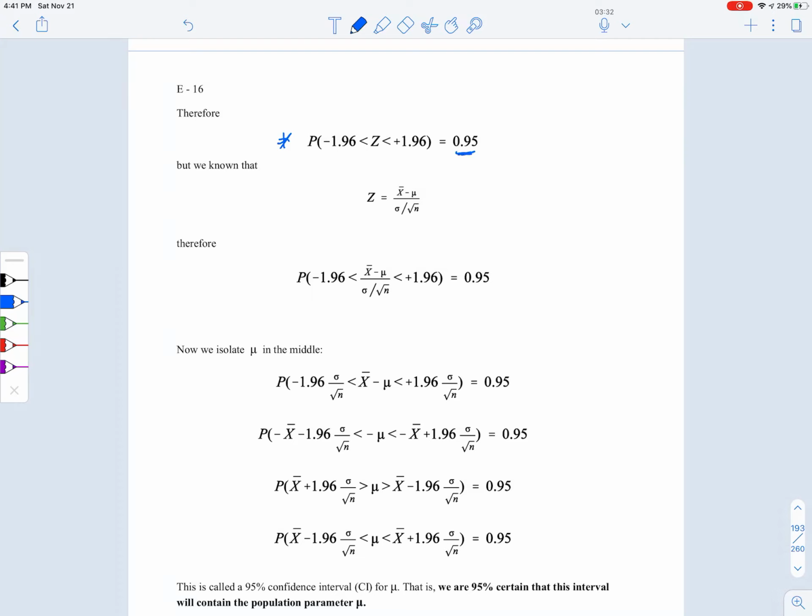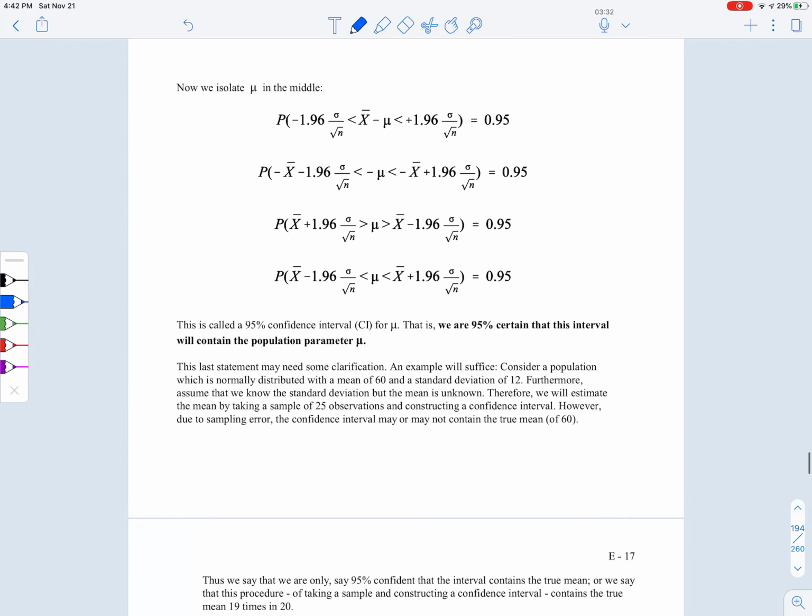So we are 95% sure, or 95% of the Z distribution lies between minus 1.96 and plus 1.96. But Z is equal to this. That's what we learned at the beginning of this unit. So let's replace this in the middle. So that's what we've done down here. And now what we're going to do is we're going to solve for mu.